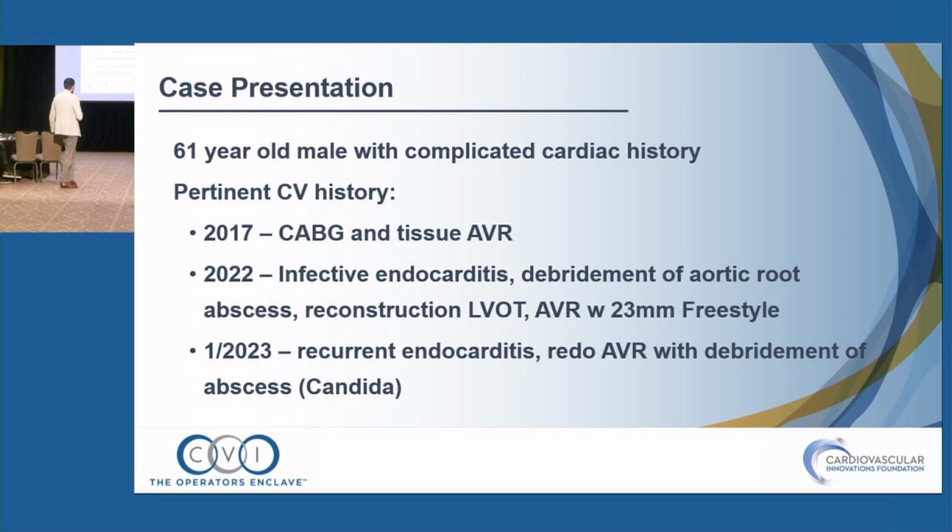He had a big operation in 2022 with debridement of an aortic root abscess, a big reconstruction of his left heart outflow, and then presented again a year later with recurrence of this endocarditis, had a redo AVR with debridement of an abscess, and he was growing Candida at this time. So this is a person who's had 3 open heart surgeries.